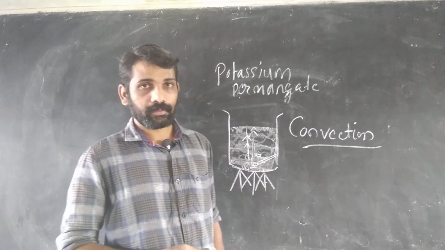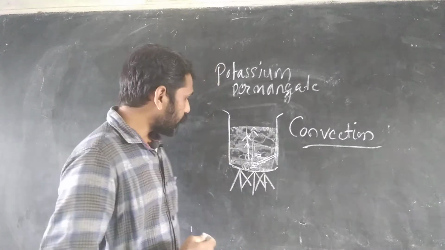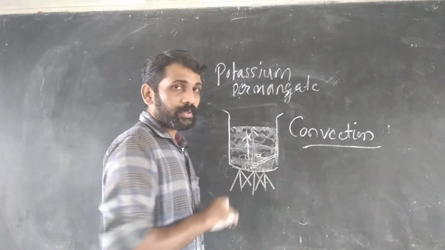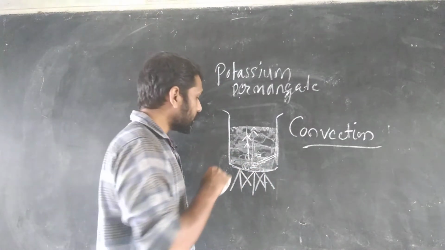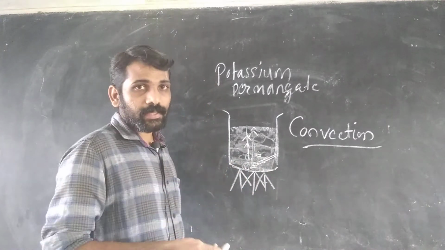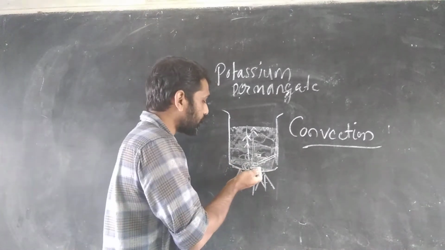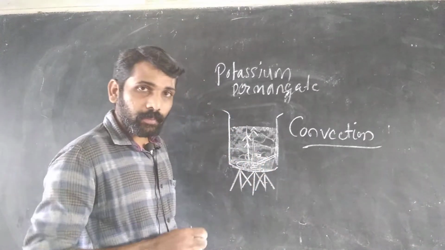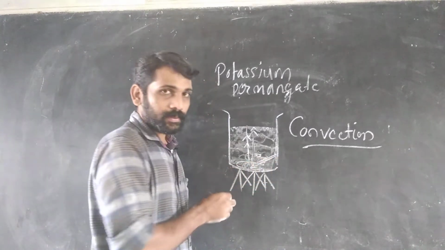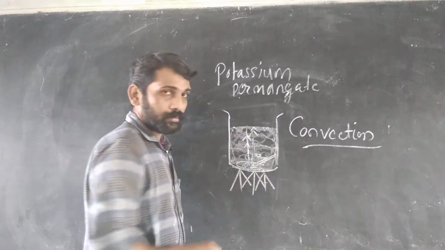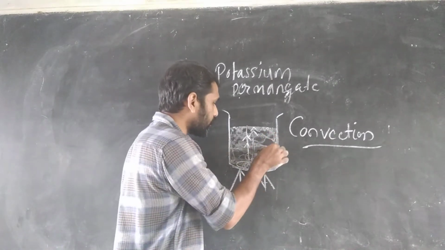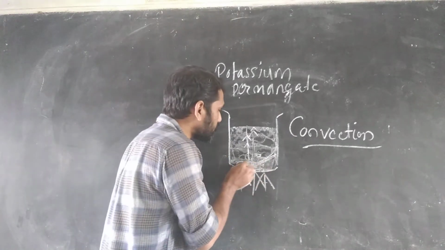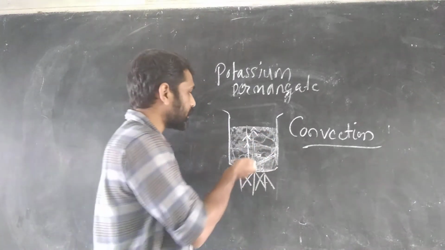Okay, what we studied: the water at the bottom, which is just above the flame, is heated first. This heated water goes up, so that this place becomes empty. To this empty space, the water on the sides of the beaker will come, and this water is also heated and goes up.